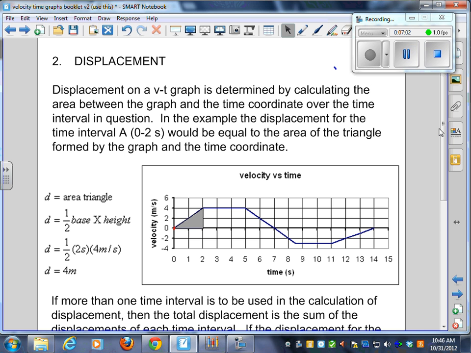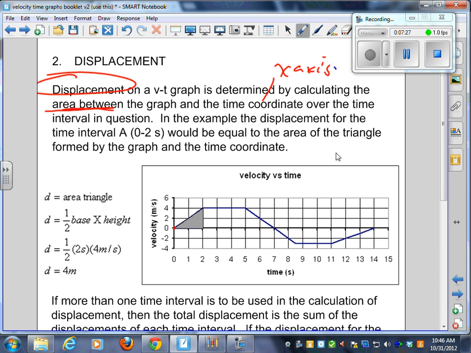I'm going to say that again because I can sense that many people are not ready for this important information today. Displacement on a VT graph is determined by calculating the area between the graph and the time coordinate. The time coordinate means the x-axis. Displacement is calculated by finding the area. This is only true on a VT graph.